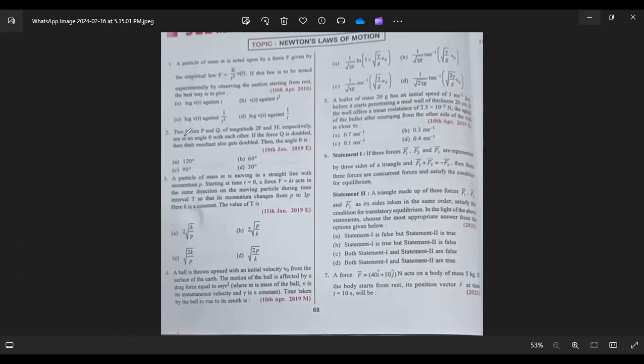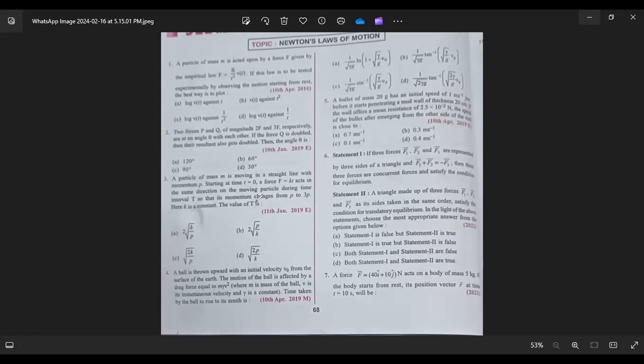Second, two forces P and Q of magnitude 2F and 3F respectively are at an angle theta to each other. If force Q is doubled, then the resultant also gets doubled. Then you can calculate the angle theta. How can we calculate this angle theta?